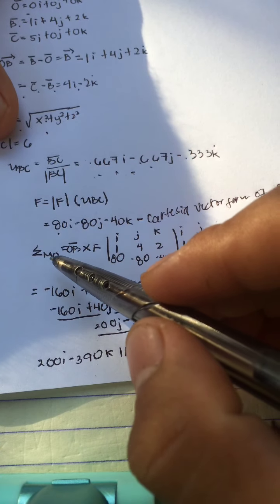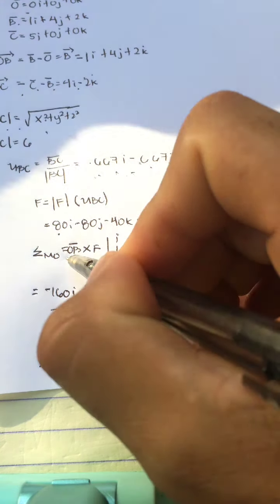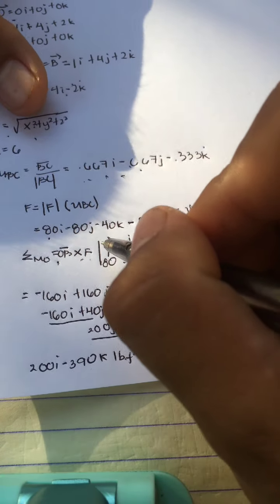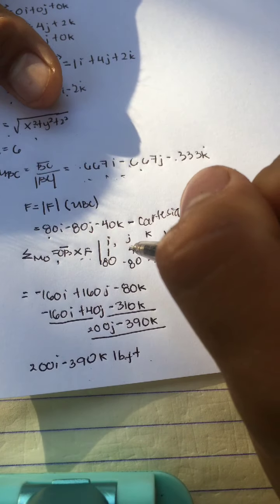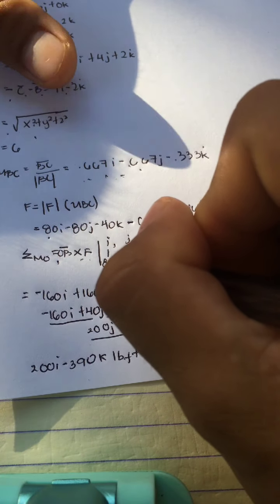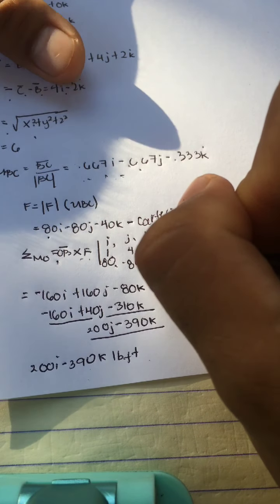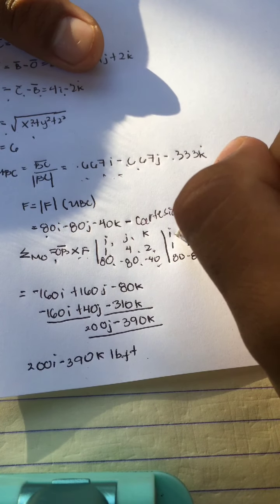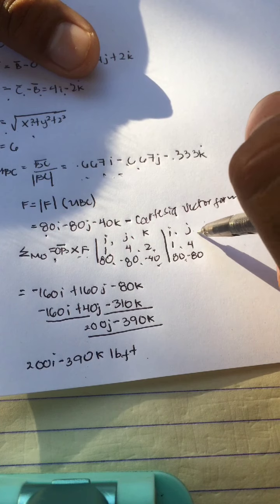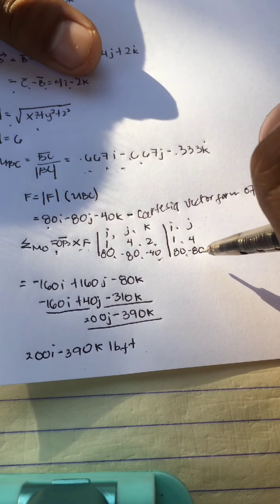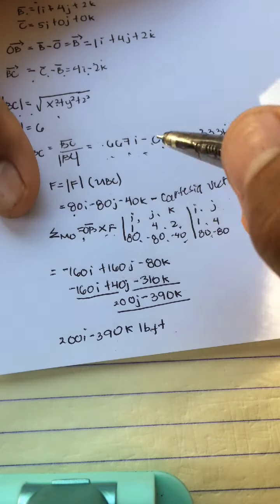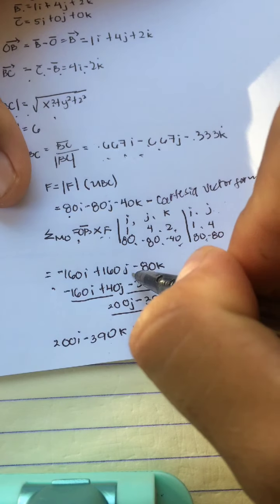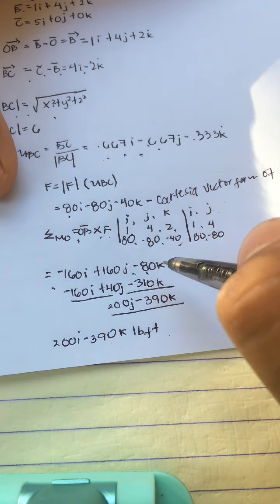So the moment about O is equal to the OB vector times F. I is 1, 80, J is 4 over negative 80, K is 2. So this equals negative 160i plus 160j minus 80k.